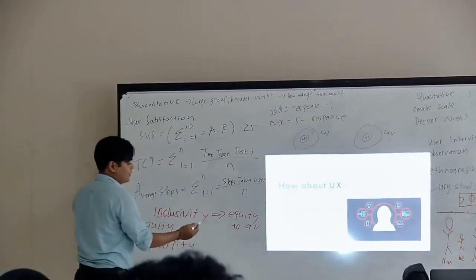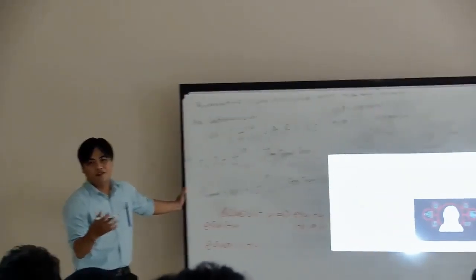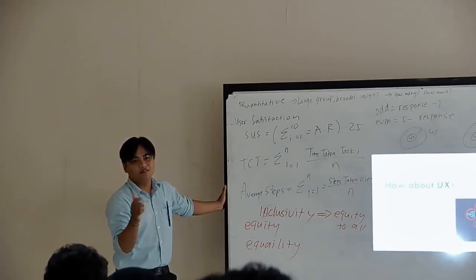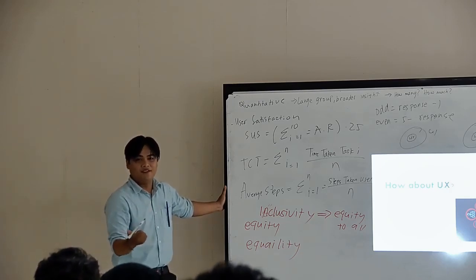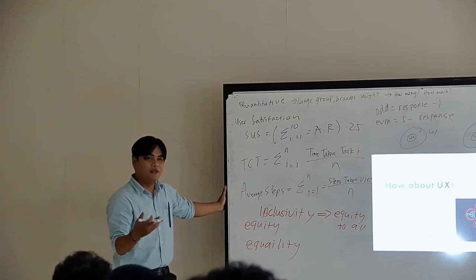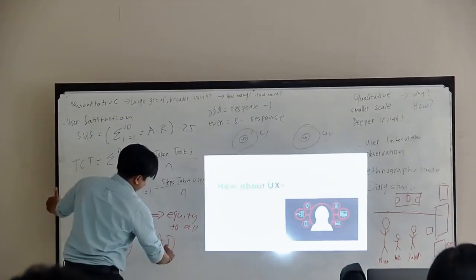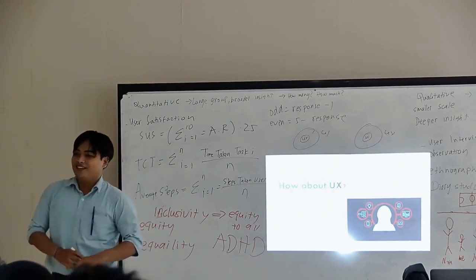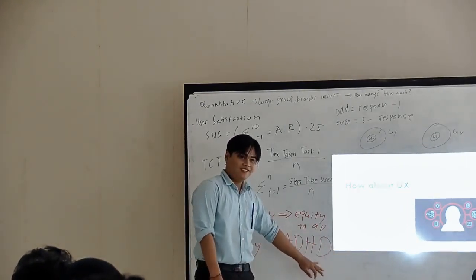When we discuss accessibility, it means our design or our product can be useful for all people, not only normal people, but also disabled people and people with lack of ability. For example, people with ADHD. You know ADHD? I don't know the first letters, but the last D is disorder.